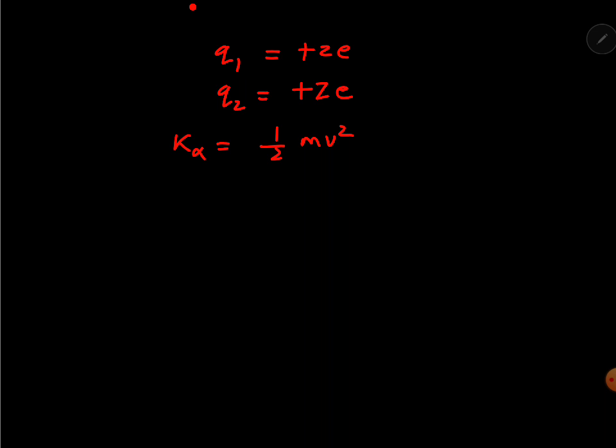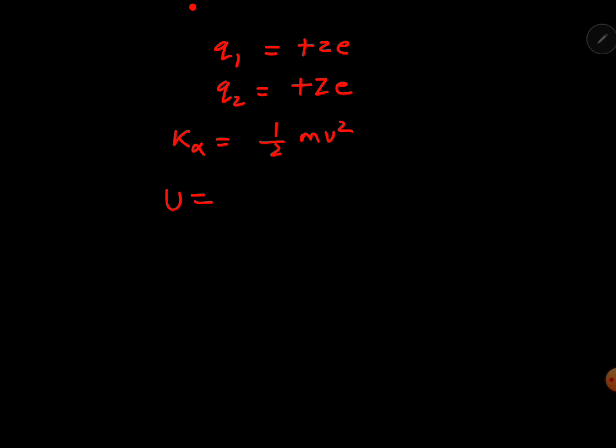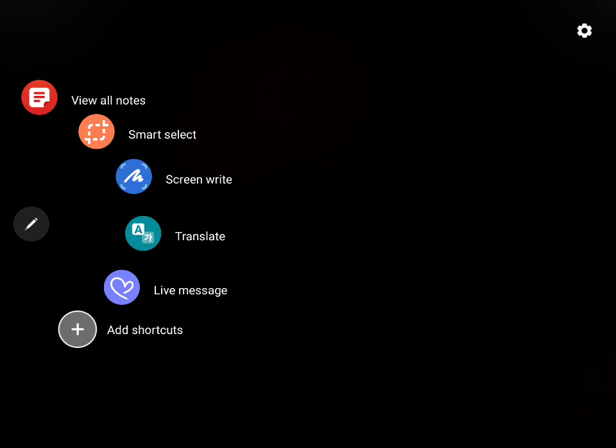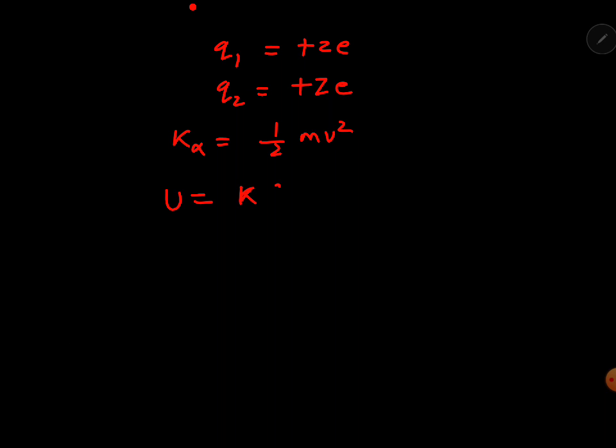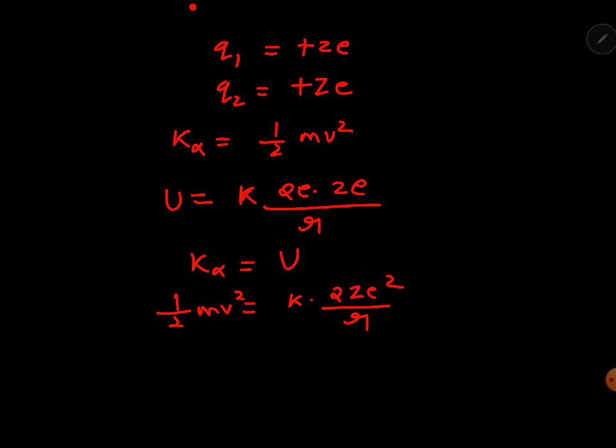So this electrostatic energy is equal to k into 2e into Ze upon r. According to the conservation of energy, the kinetic energy is equal to the potential energy, so half mv square is equal to k 2Ze square upon r.